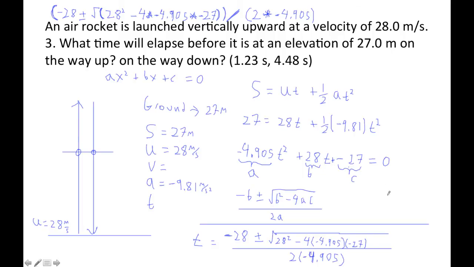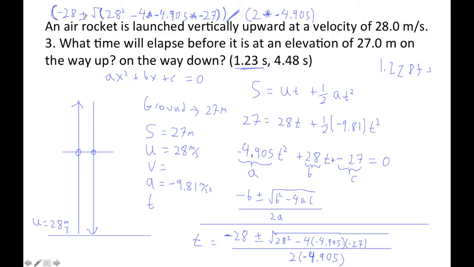Holy cow, I hit enter, I pray that it works. Yes. So the first time I do this, I get 1.2287 seconds, which would be our 1.23 seconds. Now I'm going to do a second entry. I'm going to go back up there and change that plus to a minus. So you go second entry.